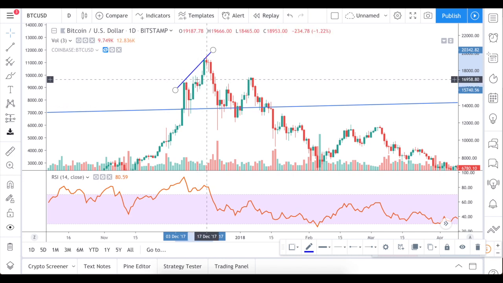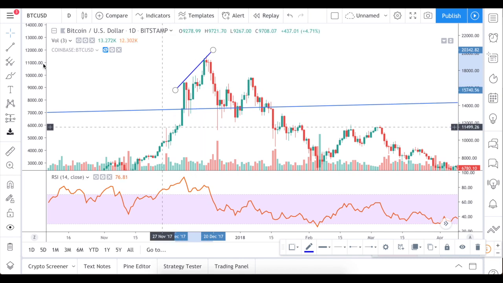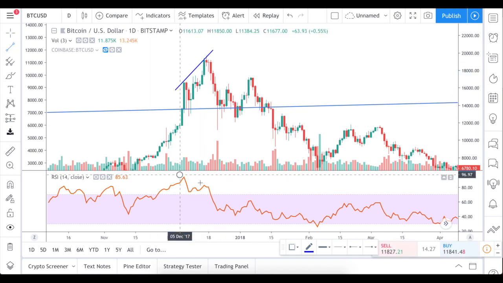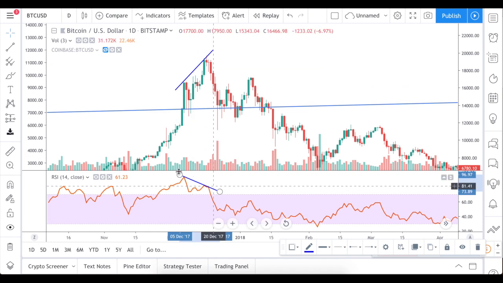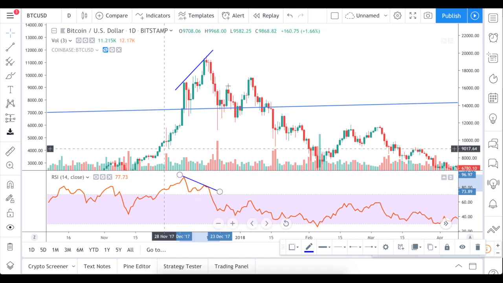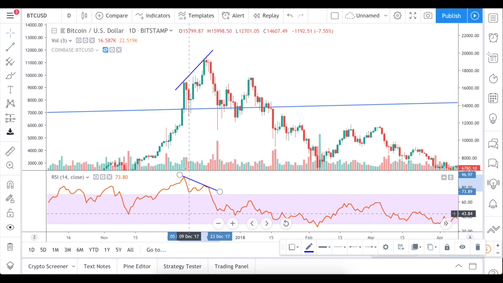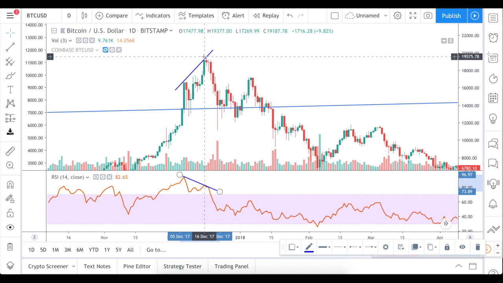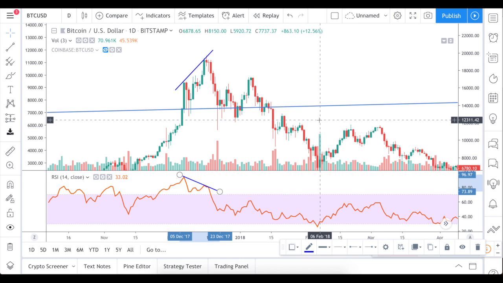And if you have, let's say, a 3 days time frame, it will be a bit different and cleaner. So again, higher highs on price, lower highs on the indicator. In fact, if you compare these two, you will see it's also a lower high. But this is the regular bearish divergence because we are looking at the highs. And what we see after that is a bear market for the next year.